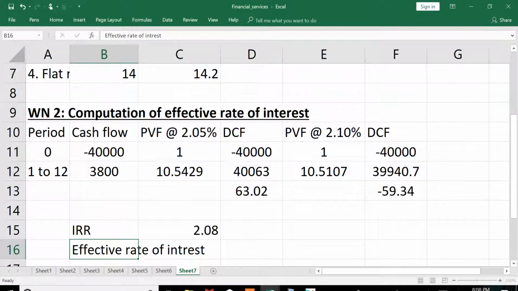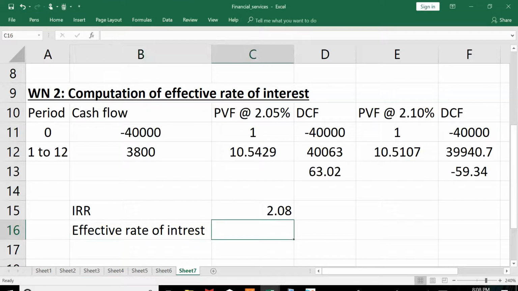Effective rate of interest is 1 plus this rate, power 12, minus 1. That is, 1 plus r, the whole power n, minus 1.